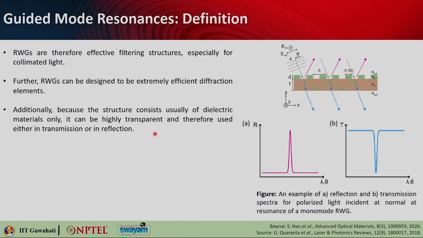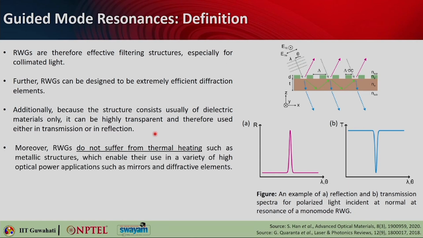So, they are highly transparent, and they can be used either in transmission or reflection mode. There is nothing absorbing here, there is no metallic component. So, these structures do not suffer from thermal heating, and they can be used for very high optical power applications such as mirrors or other diffractive elements. So, these are safe to use, they will not heat up.